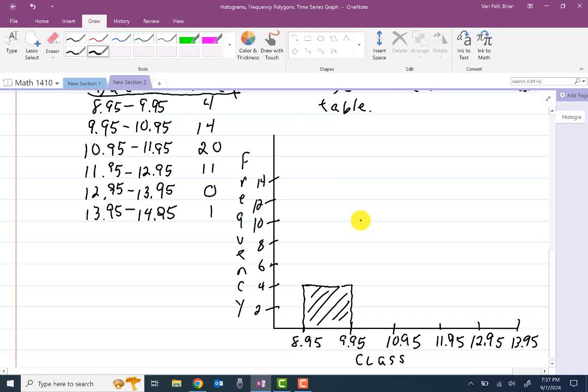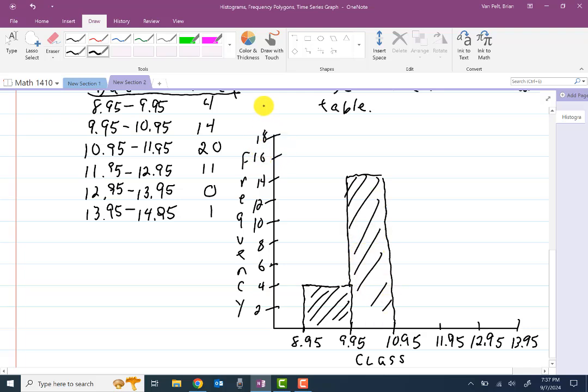My next one is 14, and I think, to be honest, I did make a mistake. My highest value is actually 20. I guess I'll put it up there. And the next one goes all the way to 20, in fact.